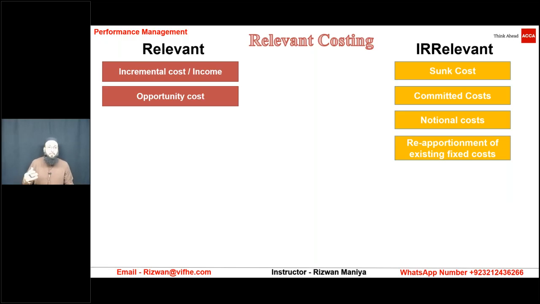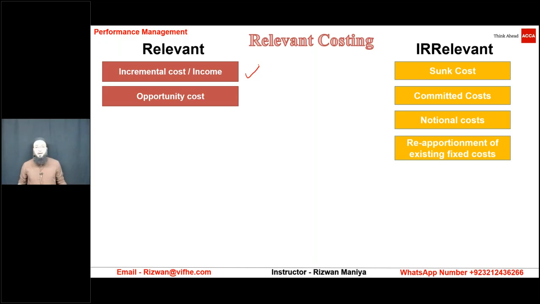Let's brush up the basic concepts before I move towards my past papers. Just listen very carefully to what I'm explaining here, and then I will give the example through the past papers. A cost will be a relevant cost if it's an incremental cost or an incremental income, so we classify that as a relevant cost.